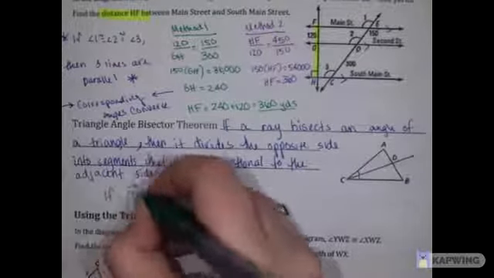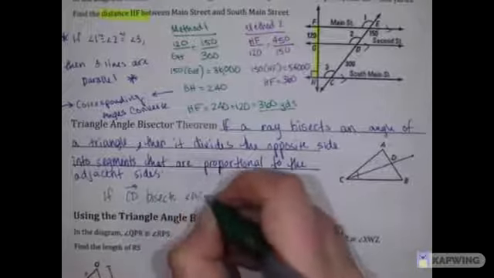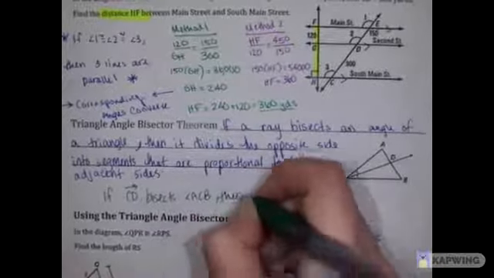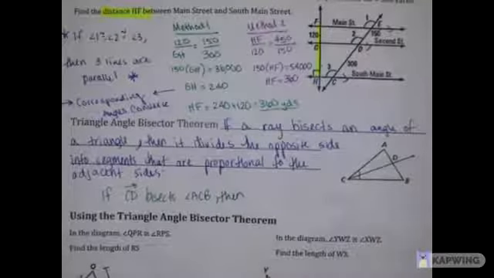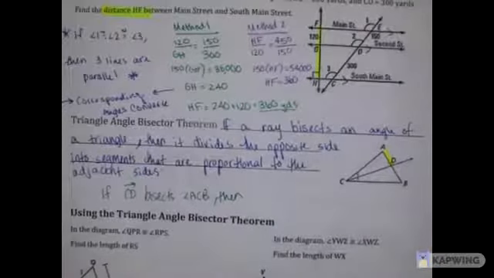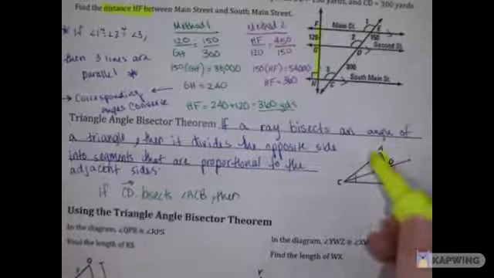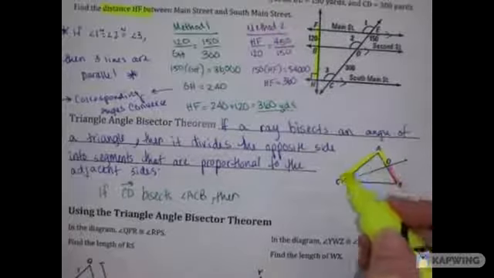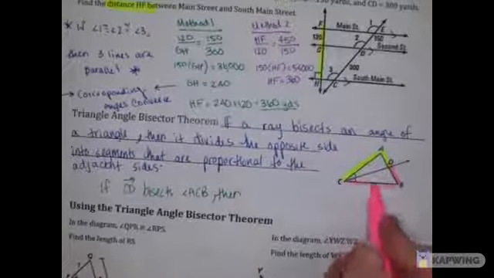So here, if CD bisects angle ACB, then what? Well, what it means by it's proportional to the adjacent side. So if you had AD and BD, those are proportional to these adjacent sides, AC and BC.